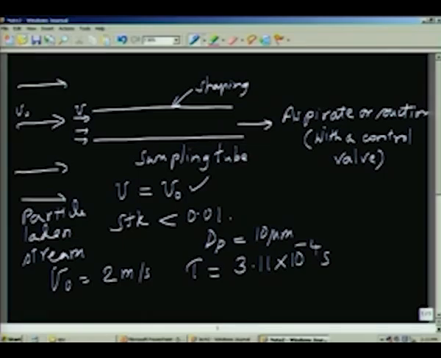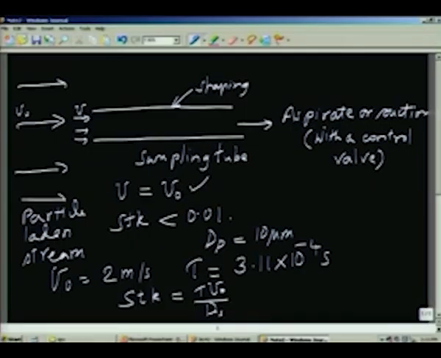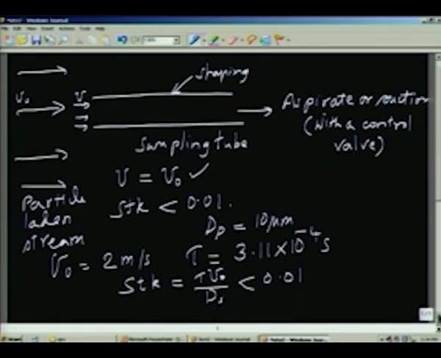I can find out the Stokes parameter, which, if you remember, is given by tau u naught by ds, where ds is the sampling tube diameter, and this should be less than 0.01. I know the value of tau, I know the value of u naught. Now, I can find out ds by simply plugging in the numbers.